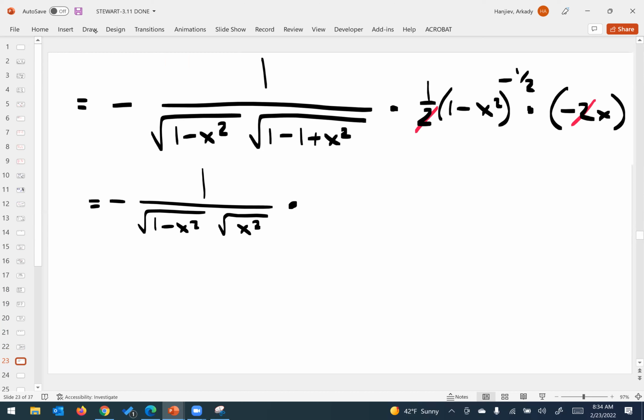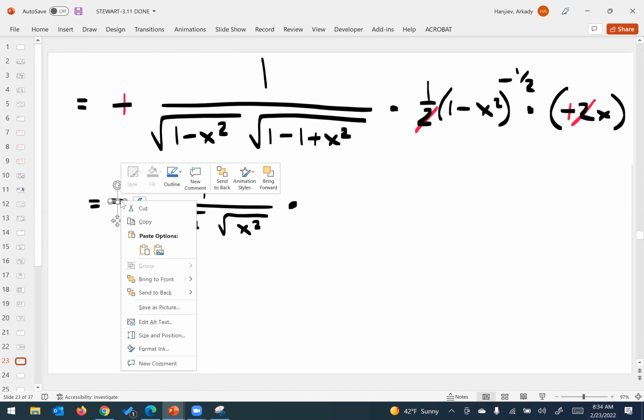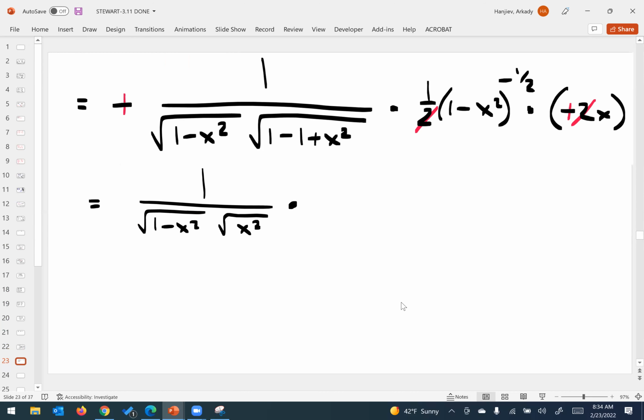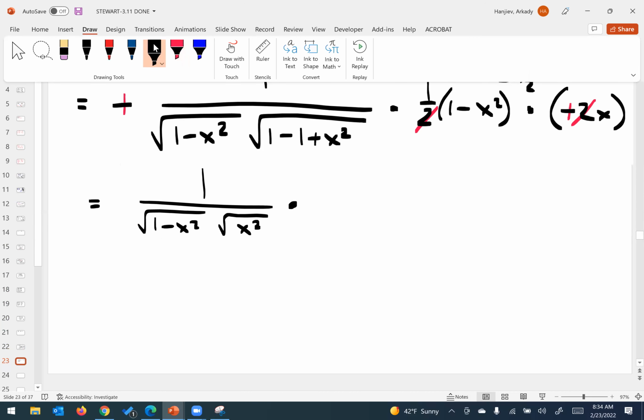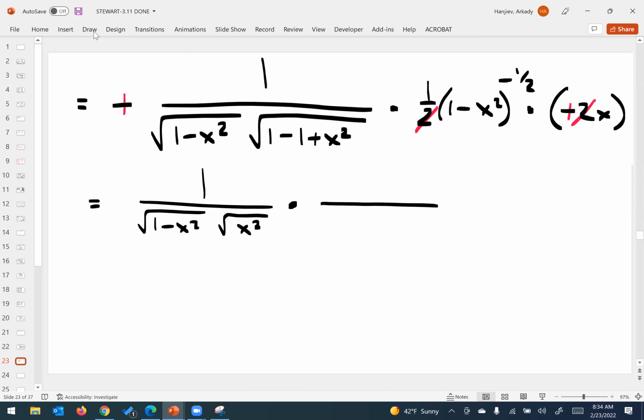Hey, there's a negative of a negative. So that's actually going to cancel there. So I'm going to erase that little negative there. I'm going to delete that because I've got that positive value now. I have an x on top that's flowing nicely here. So that x still on top. And this guy becomes a square root of 1 minus x squared. Is that good? It moves to the bottom.